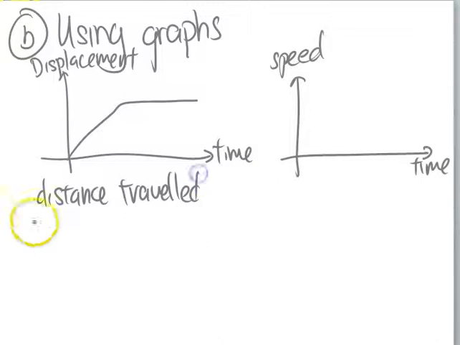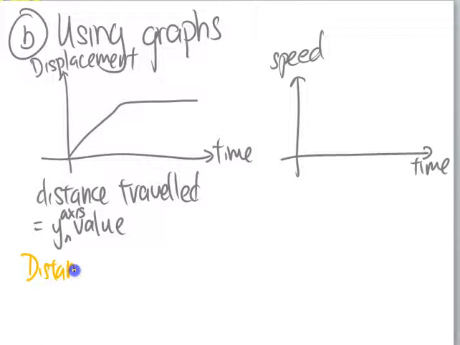If you have this kind of graph, a displacement time graph, the distance traveled is equal to the y-axis value. For example, what's the distance traveled at 30 seconds?